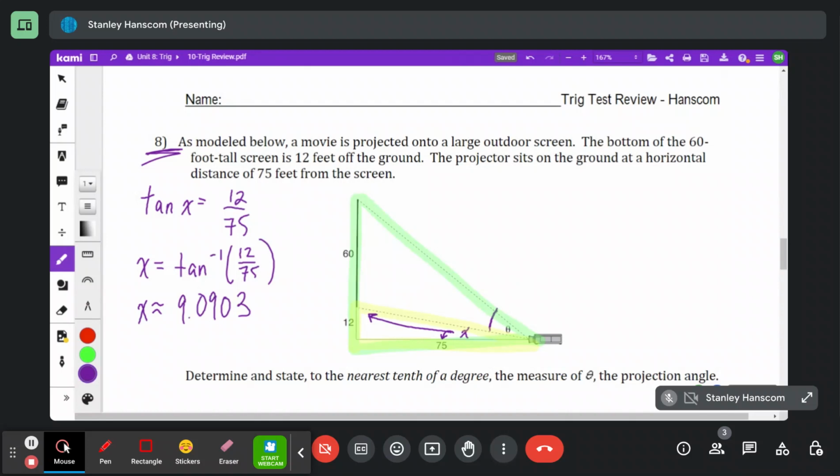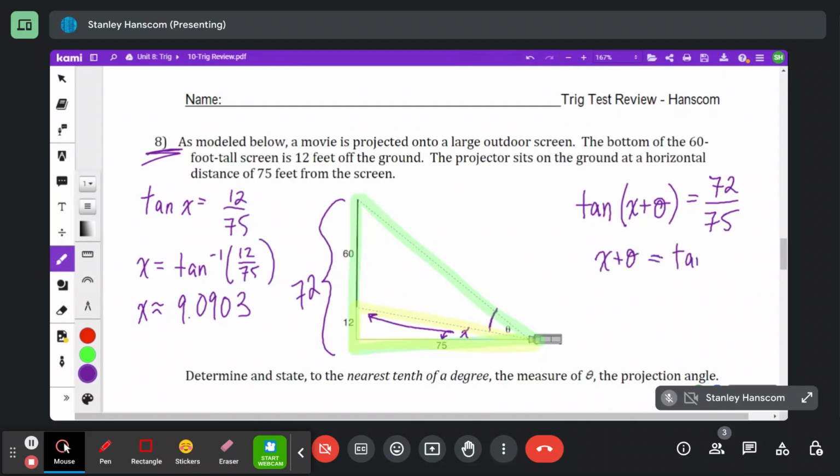Additionally, because of the overall large triangle I highlighted in green, I also know that the tangent of x plus the angle they asked us to find has to be its opposite side, which totals to 72, compared to the same adjacent side, 75, that we looked at a few moments ago. And so the two angles put together will have an inverse tangent equal to that amount.